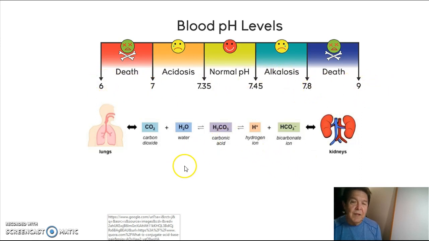Here you observe the equilibrium where the acid decomposes into water and carbon dioxide, and it has to do with the external respiration. On the other hand, we have the equilibrium of the carbonic acid, that is a weak acid, with the conjugate base, that is bicarbonate.